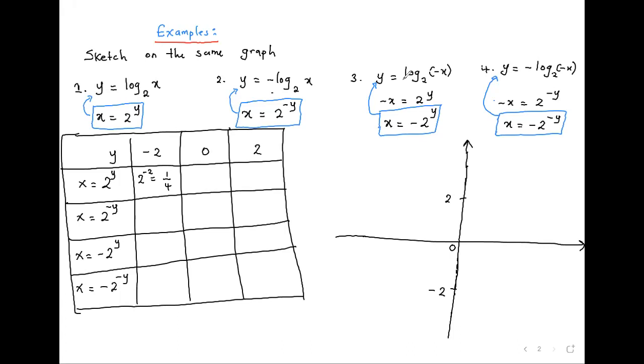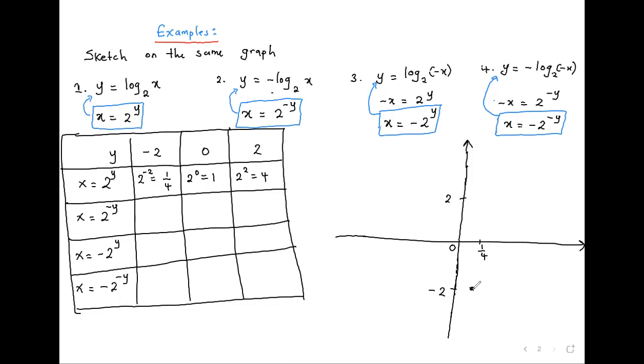As long as you have negative, 0, and positive, it's all right. So when y is 0, 2 to the power 0 is 1. When y is 2, 2 to the power 2 is 4.